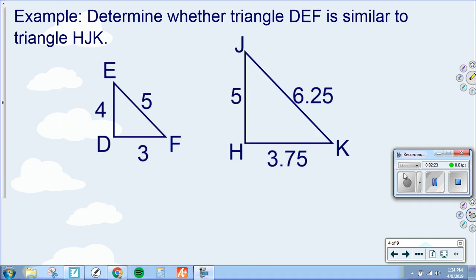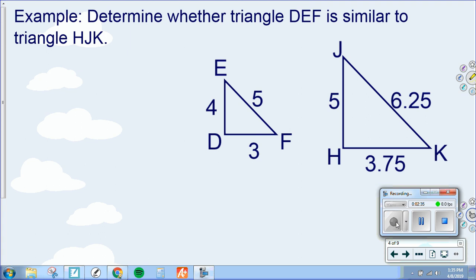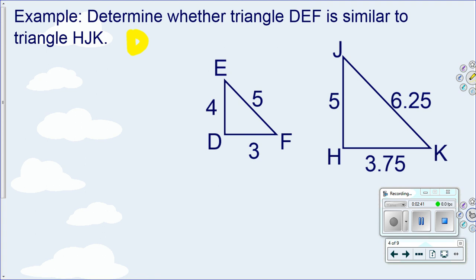Alright, for our next example, it says determine whether triangle DEF is similar to triangle HJK. Go ahead and copy down the two triangles, the side length, and the labels. Okay, so again, do we use the picture to find corresponding sides, or should we use the names? The names. Okay, so we have DEF and HJK.